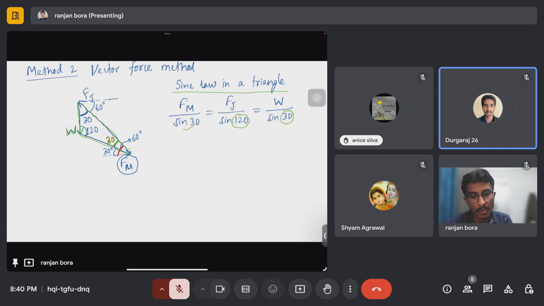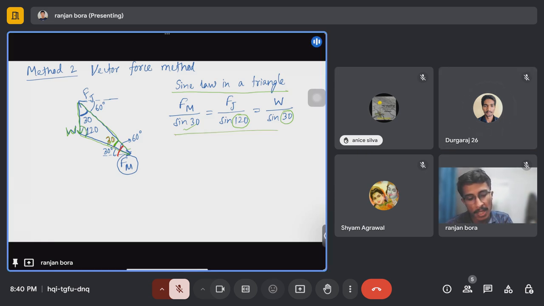Yes, sir. Okay, so now using this equation, we can directly find out what Fm and Fj are. Fm will be just W, because sin 30 and sin 30 get cancelled out, and Fj will be W into sin 120 divided by sin 30. So if you do this calculation, it will again come as 86.6, and this will be 50 Newton.